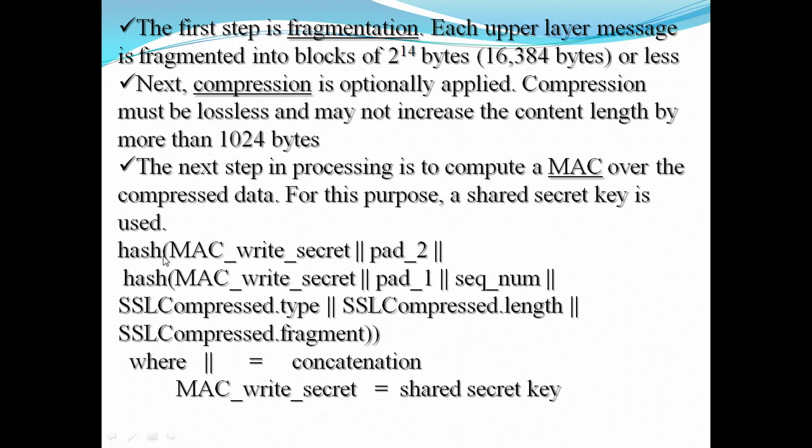Look into this bracket. The hash code is computed on the write secret, pad 1, pad 2, sequence number, compressor type, compressor length, and fragment also. The symbol here is nothing but a concatenation.